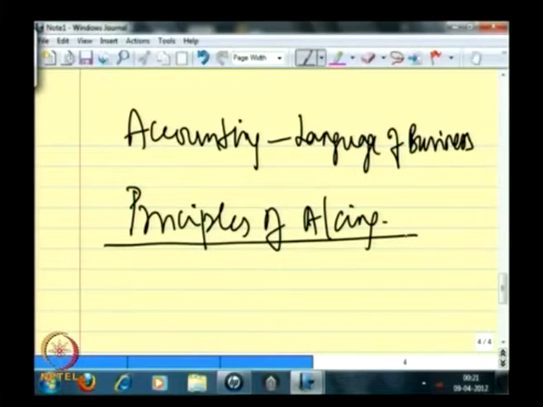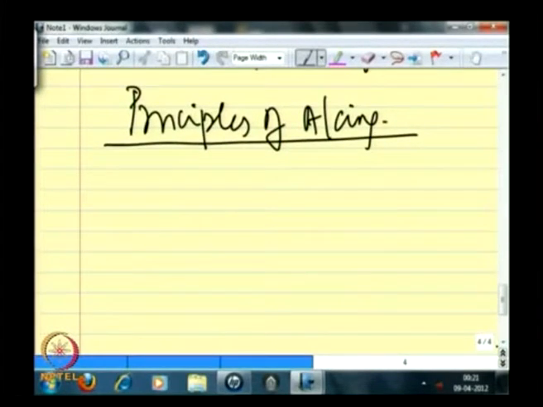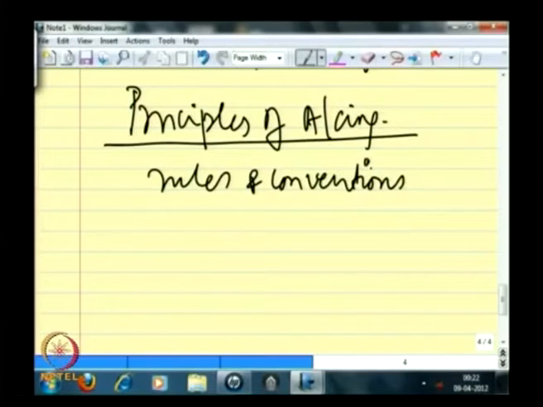Now before I tell you what those principles are, let me clarify that these accounting principles are general rules and conventions. These are rules and conventions, which means it is a settled form that actually provides the basis on which business practice or accounting as a profession is conducted.